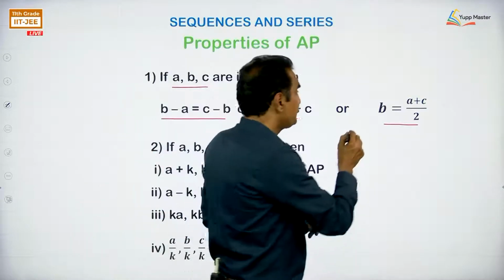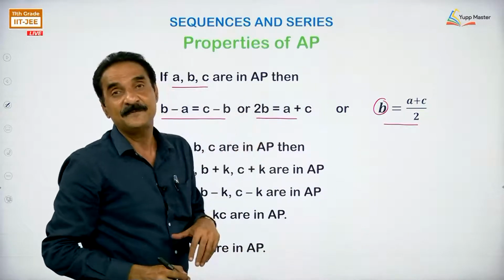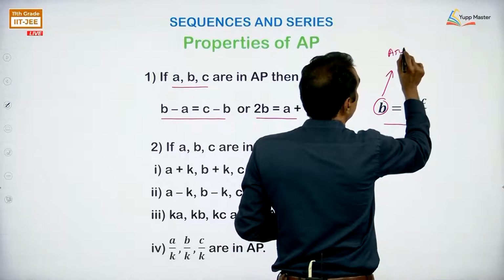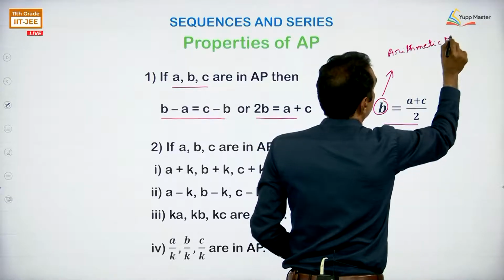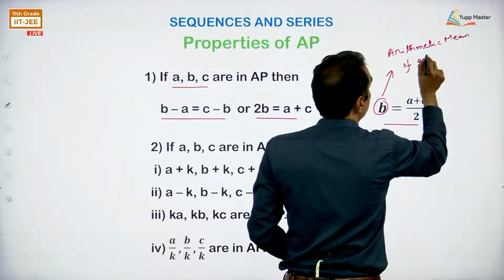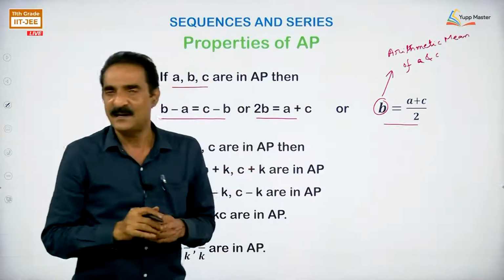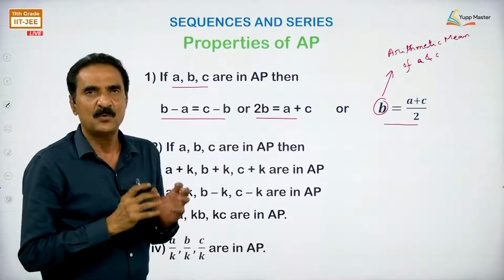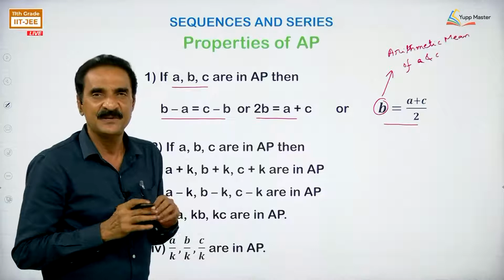And one more point, this B is equal to (A plus C) by 2, the middle one is called the arithmetic mean of A and C. Okay, let us discuss the arithmetic mean and other points later in another class. Today we are going to focus on only AP. Arithmetic mean and other means will be discussed later.